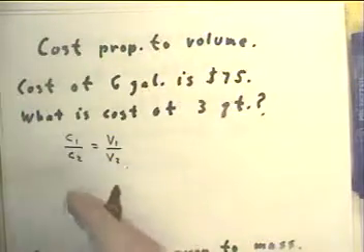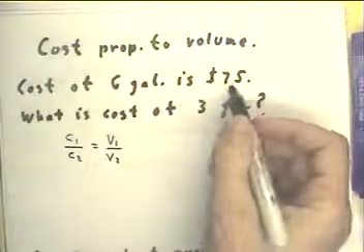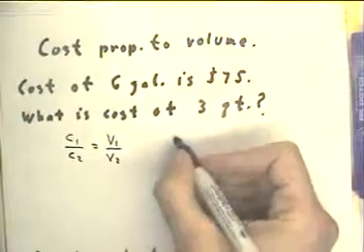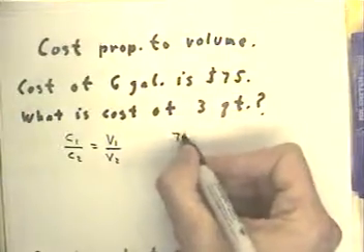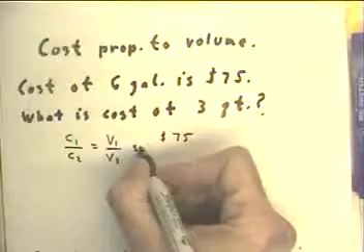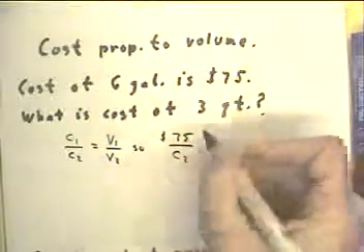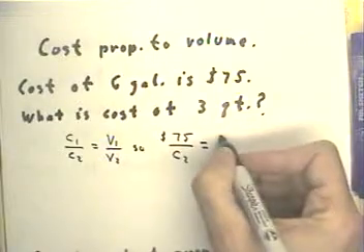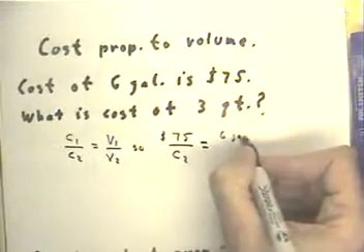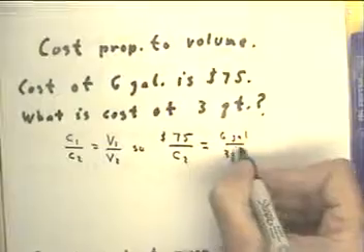Now, cost 1 is the cost of the 6 gallons, which is $75. The cost of the second is unknown, but that equals volume 1 over volume 2, which is 6 gallons over 3 quarts.